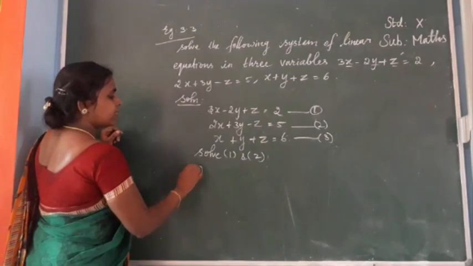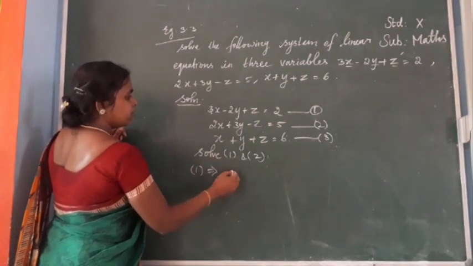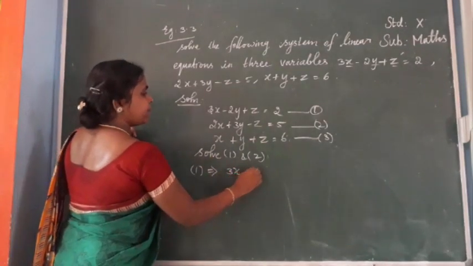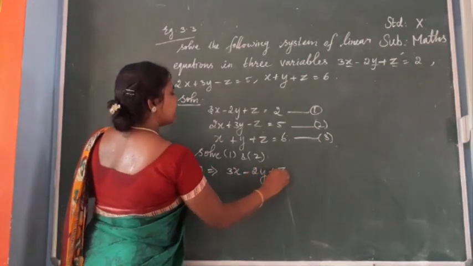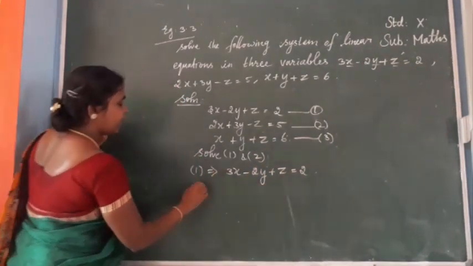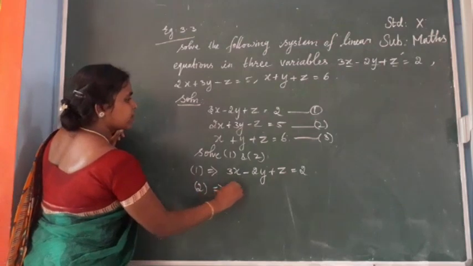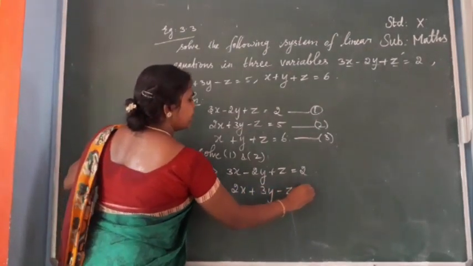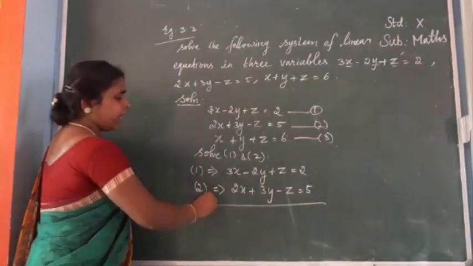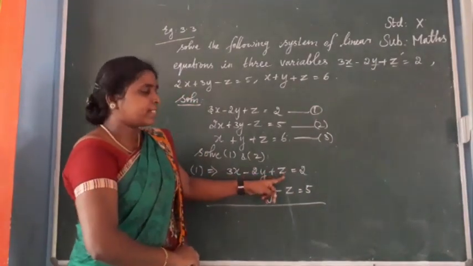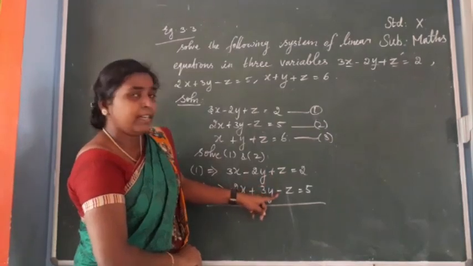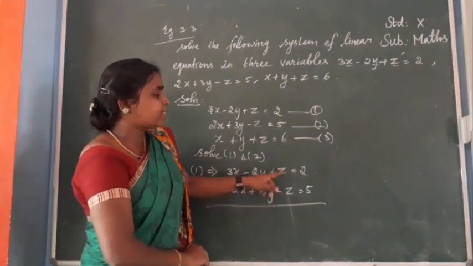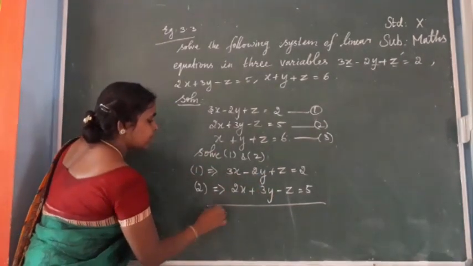So 1 implies, here no change, you write whatever is there: 3x minus 2y plus z equal to 2. Next the second equation is 2x plus 3y minus z equal to 5. Okay, now you see, I told you the coefficient of z is the same, but here it is plus and here minus, so if we add, it will be eliminated.